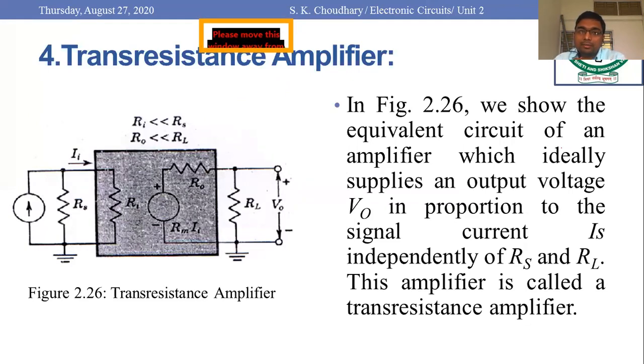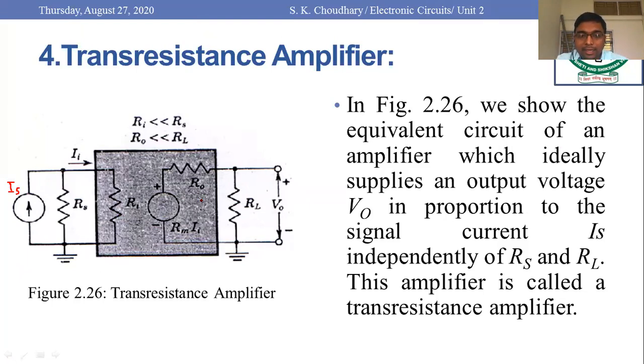So here you can say the fourth kind of amplifier is called the transresistance amplifier. So what is the transresistance? This is the equivalent circuit of the transresistance amplifier. You can see here the input network is similar to the current amplifier, that is the Norton equivalent circuit, Is and a parallel resistance Rs.